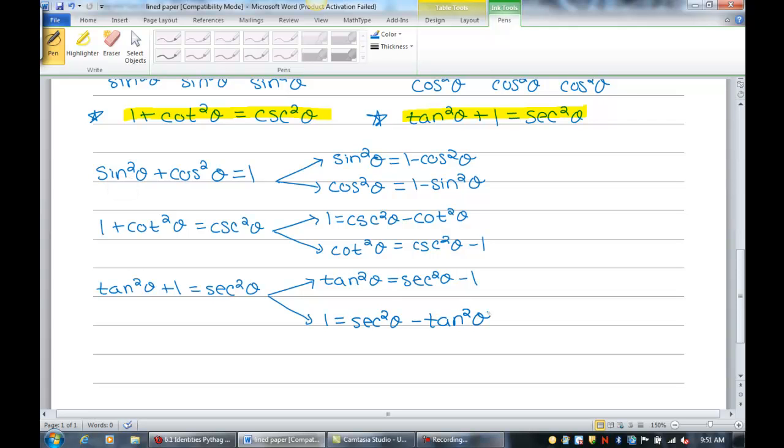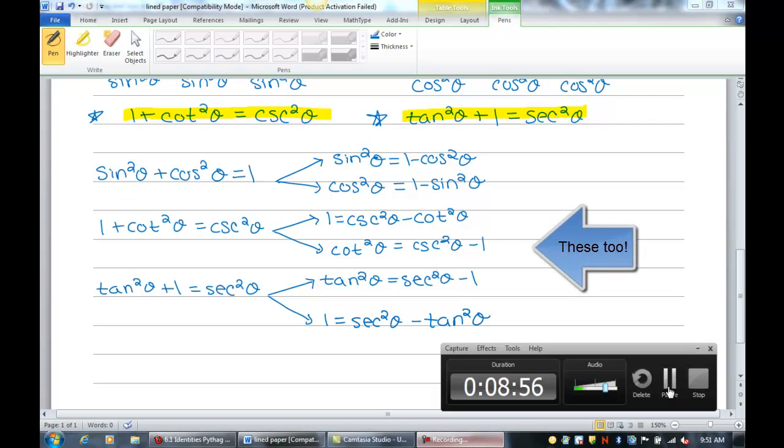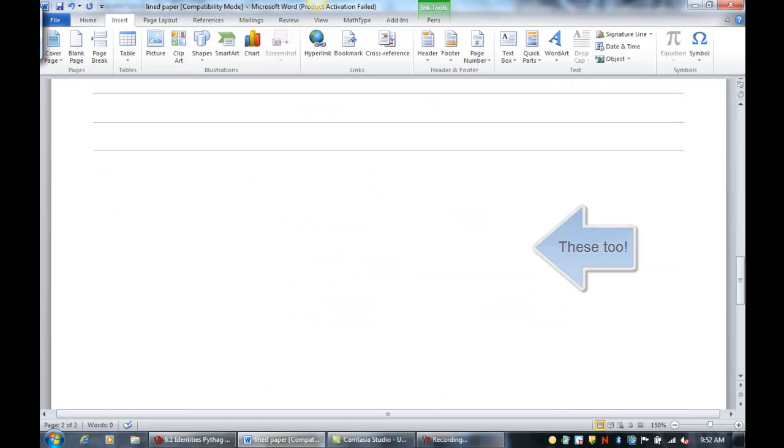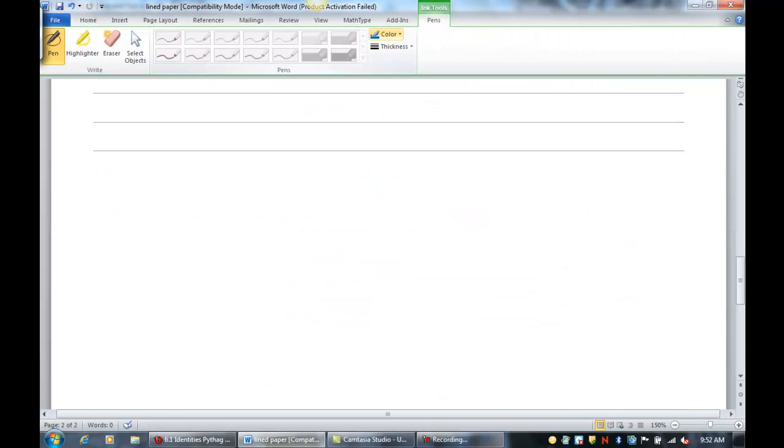Okay, so we've got a whole bunch of equivalent identities that we can use. So let's take our identities and start simplifying some trig expressions. Okay, so the first expression I'm going to take a look at is we are going to multiply and simplify cosine x times tangent x minus secant x.